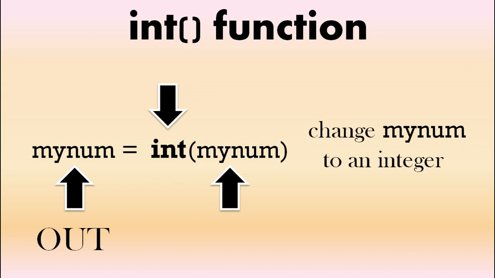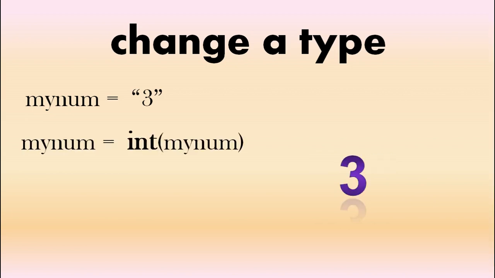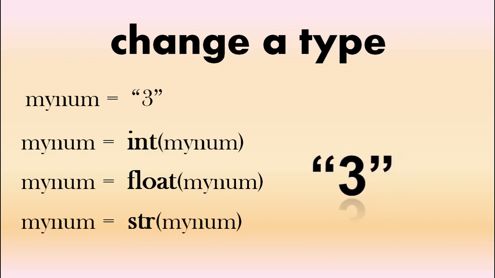We change mynum to an integer. So changing the type, we use a function. We used int, we used float, and we used string with brackets. So we had something that went to the int function and returned from it, something that we sent to the float function and returned, and sent to the string function and returned from that.